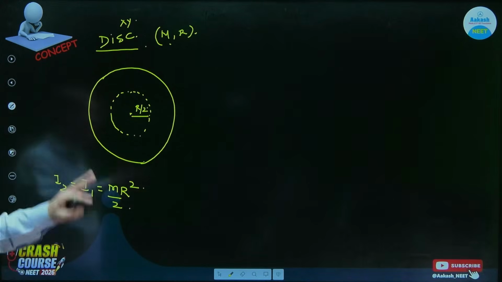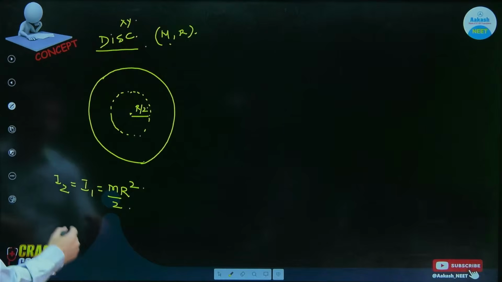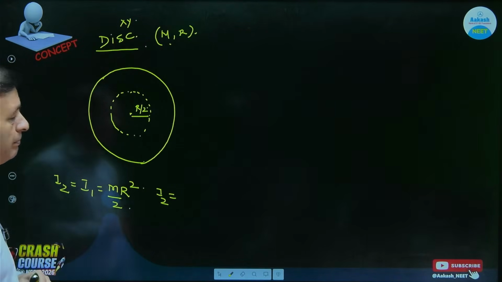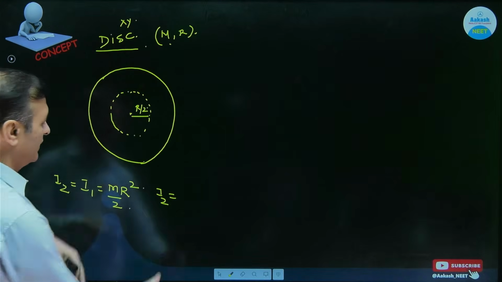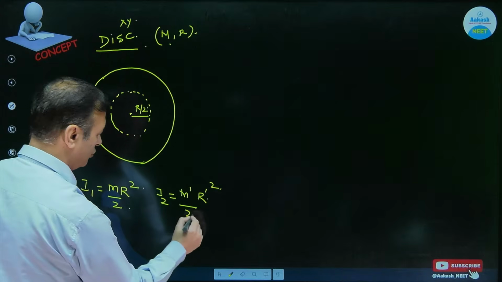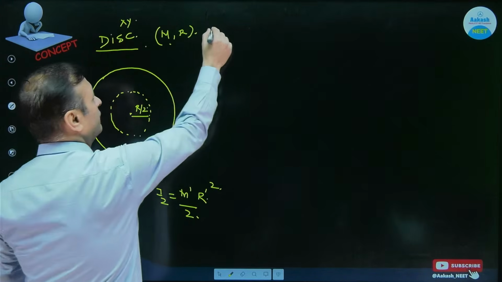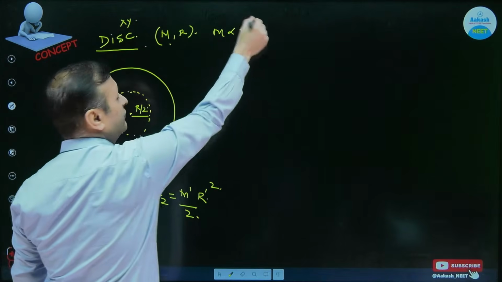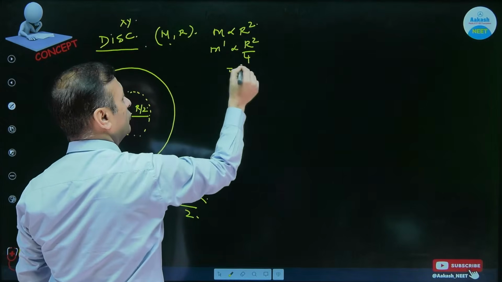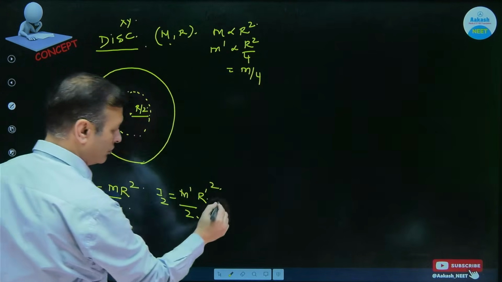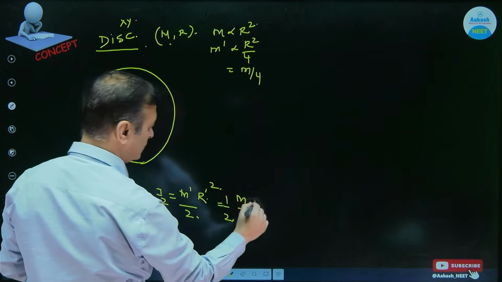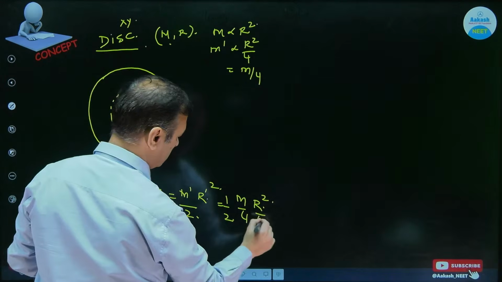So this part is cut and removed, right? So what is the mass of this part which is cut and removed? So this part is m dash r dash square by 2. Mass is still, because this is a uniform distribution, so m dash is m by 4. So this m dash is originally m by 4, r dash is r by 2, so that becomes this one.